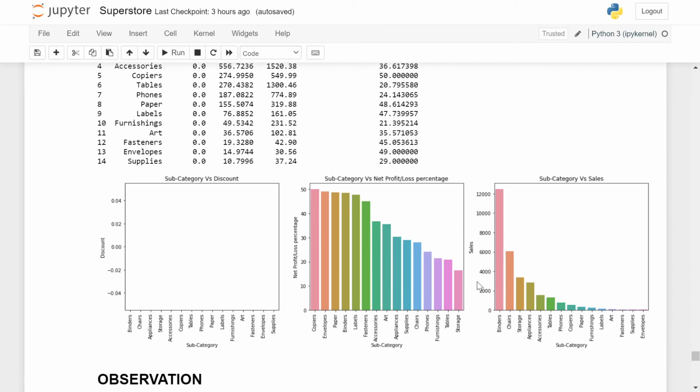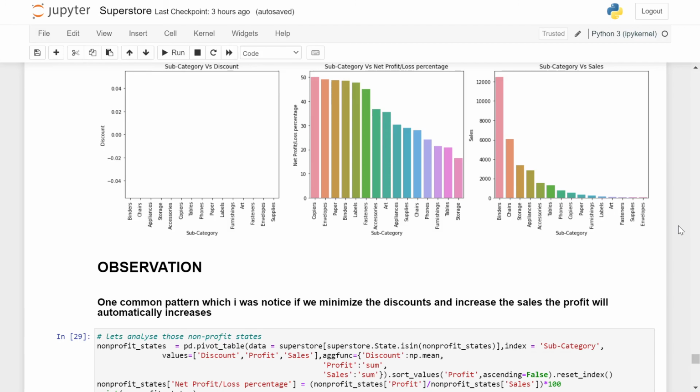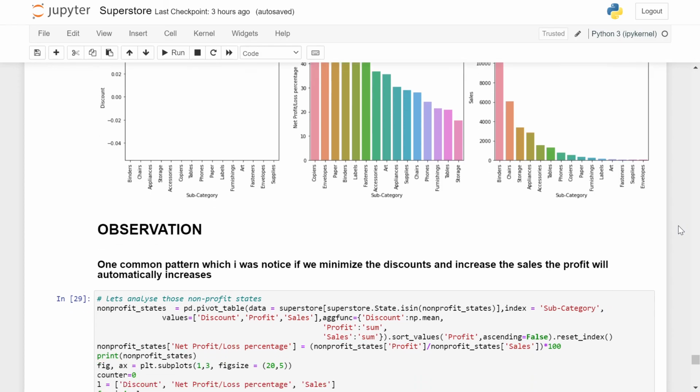In Arkansas and Minnesota, they don't give any discounts and they increase sales, and the result was their net profit also increased. So the main thing I notice here is that to increase our profit, we have to minimize the discount and increase the sales.